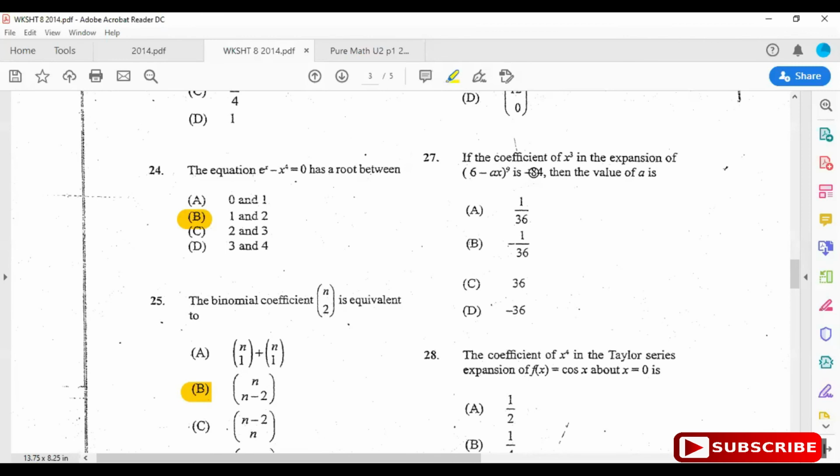The only thing is that I have a feeling they're not going to say that the coefficient is negative 84. I have a feeling it's just going to say 84. I just have a strong feeling. So the coefficient of x cubed in this expansion is negative 84.